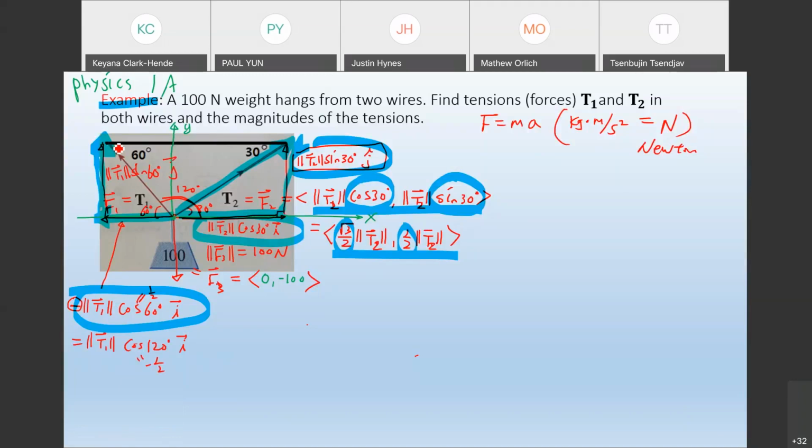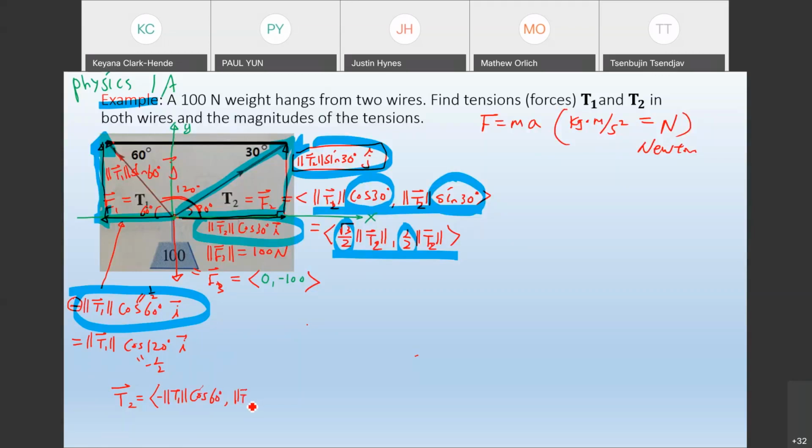This guy is, so what is T2? It is magnitude, negative T1 cosine 60, comma, it's a positive, right?